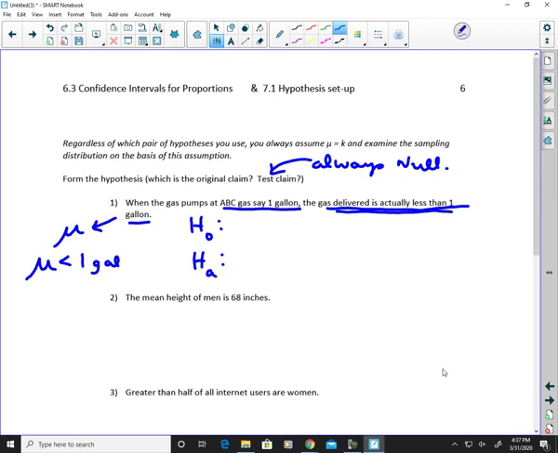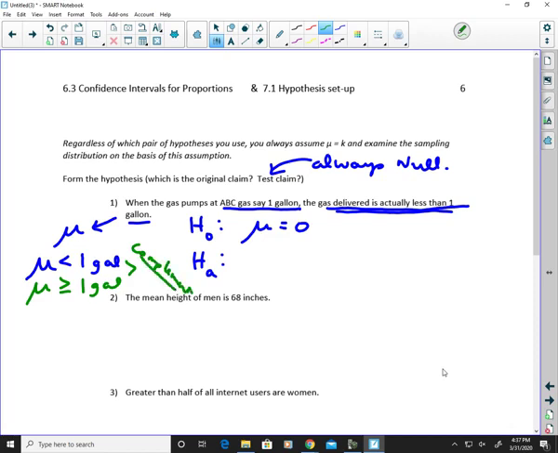Okay, the null is always equal. In the textbook, they would have written the null as being greater than or equal to 1 gallon because they would have looked for the complement of the situation.